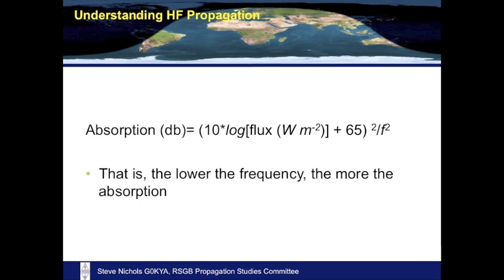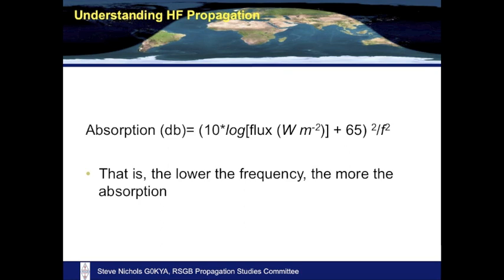Now, this horrible looking equation tells us what the absorption level in dB is going to be in that D layer. Don't worry about it. All you need to know is that the lower the frequency, the more the absorption. It actually goes as the inverse square of the frequency. So you're going to have more absorption at 3.5 megahertz than you are at 7, and even less absorption at 20 meters.